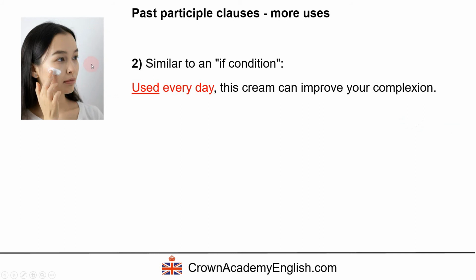It's clear, it's clean, there are no spots, her skin color is very nice. So someone with a good complexion has good skin. Someone with a bad complexion perhaps has oily skin with maybe some spots. Maybe they're very pale. So complexion, this is a very good word.